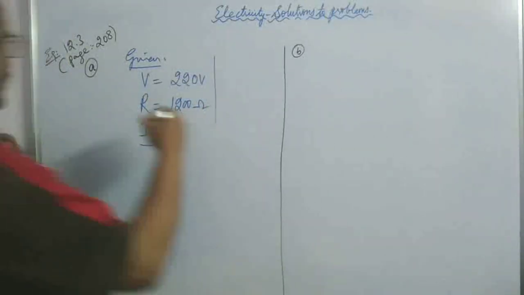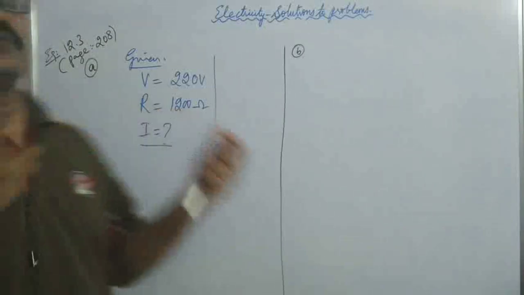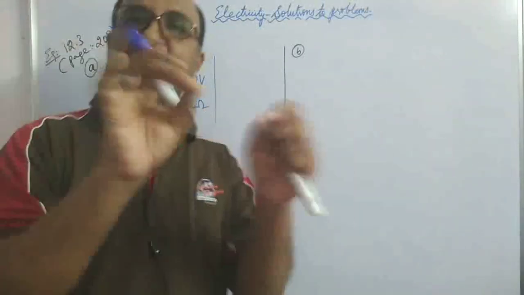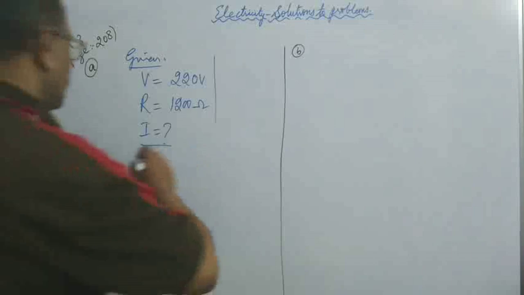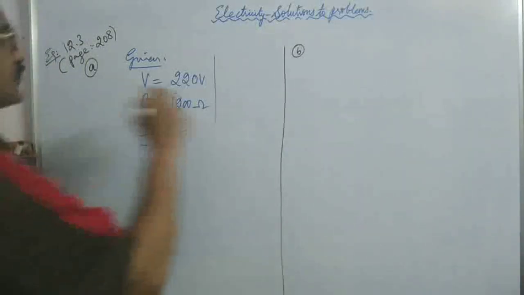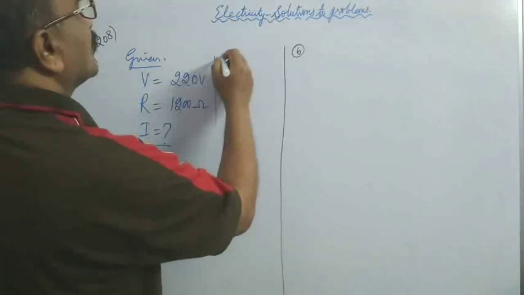Now how do we do it? Children, if we are thinking about what formula to use, don't think much, just get the general rule of Ohm's law, that is V equal to IR.